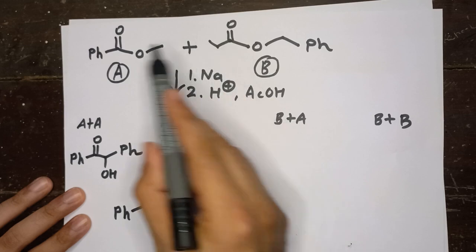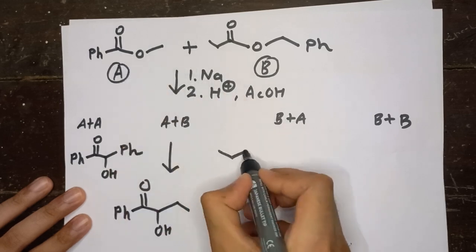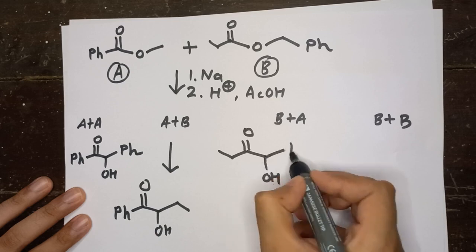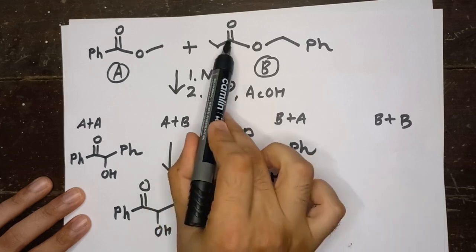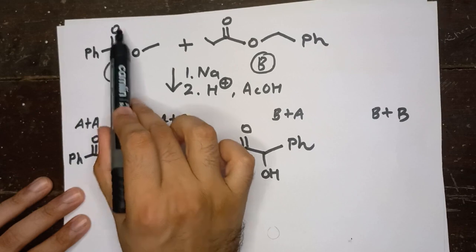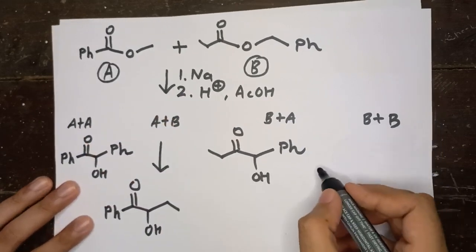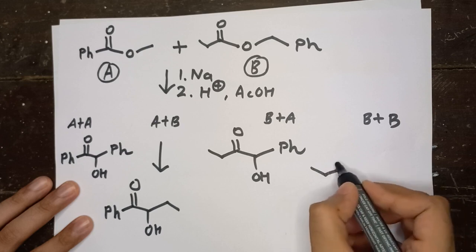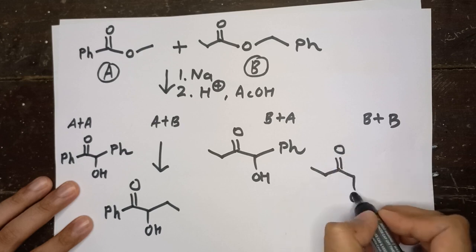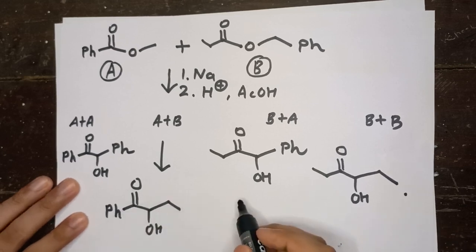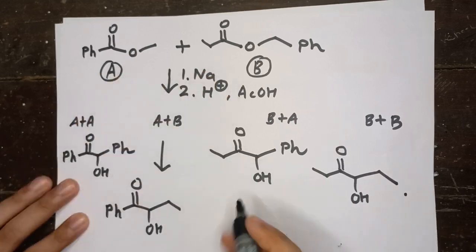Now the third is B reacting with A. So I connected this center with this and converted this carbonyl into OH. And the last is B reacting with B and the product will be this. So these are the 4 products we can get by reacting these two different ester molecules.